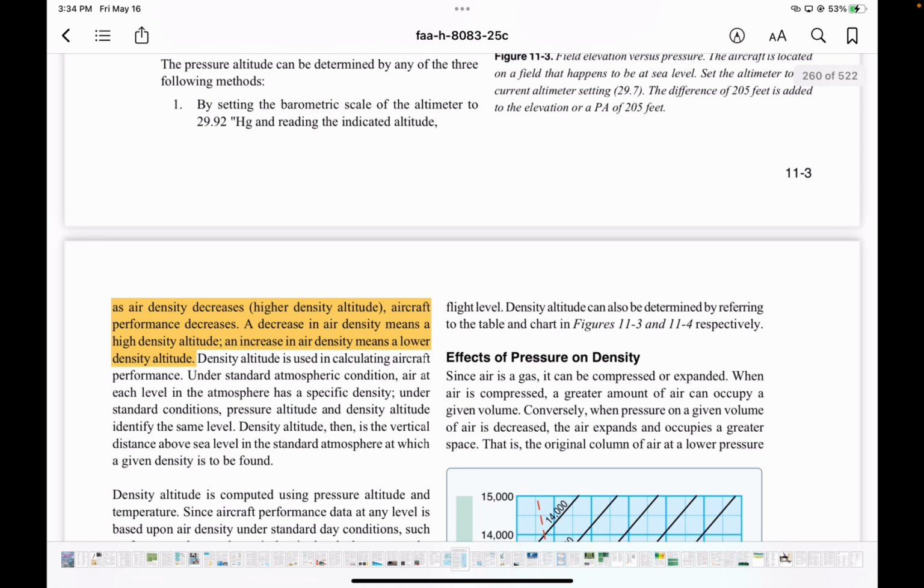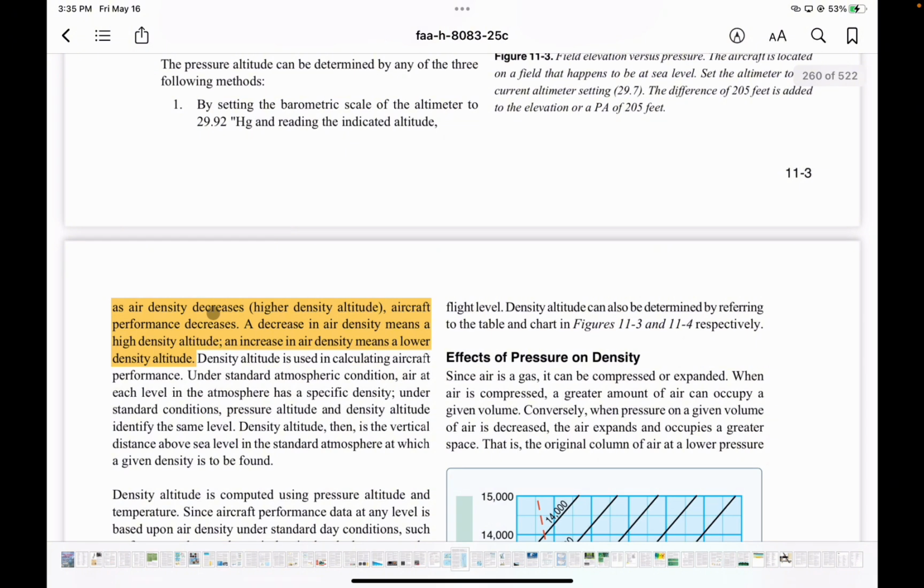As air density decreases, you have a higher density altitude. Let me give you a way to think about this. As you climb up in the air, you have a higher altitude. That's why you have a higher density altitude. But as you climb up in the air, your air density decreases.